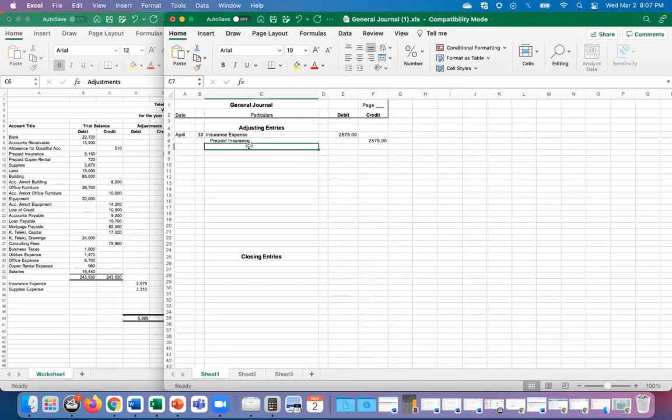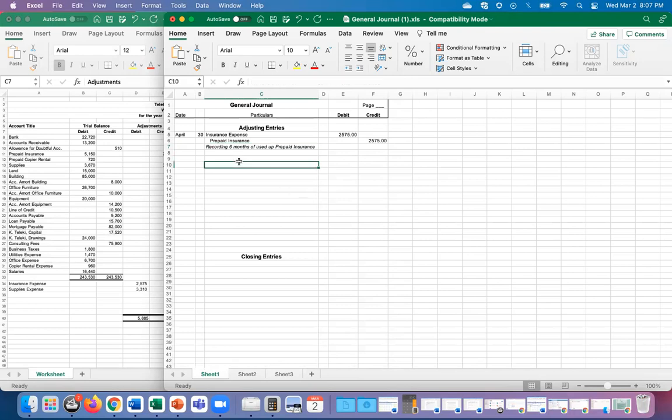And then on the third line, we just need to have a little description as to what was going on there. Recording 6 months of used up prepaid insurance. I'm sure there's probably a better way of saying that, but I think that gets across what we're doing here.